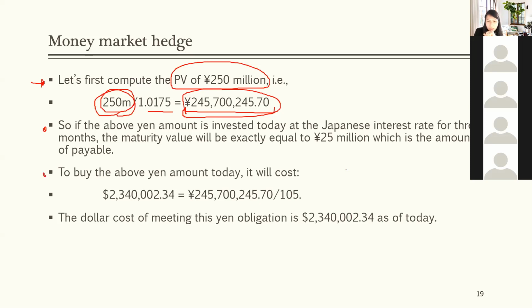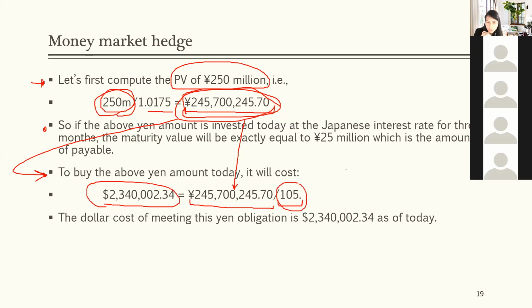To have this money to lend in Japan, you will borrow in the US. So how much do you borrow? You will borrow the USD equivalent of 245 something million Japanese yen at the current spot rate. Here is what we computed before, and here is your current spot rate, 105.